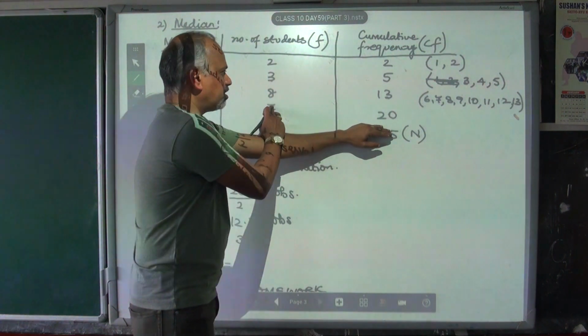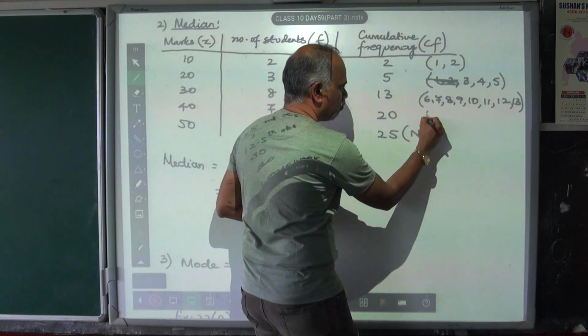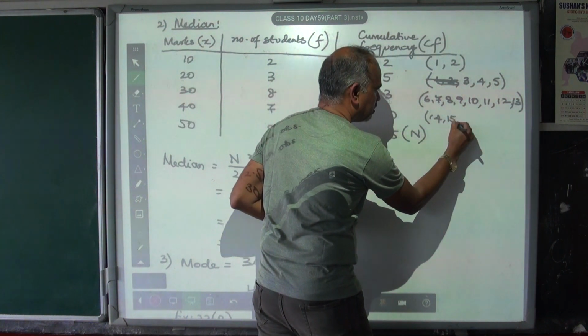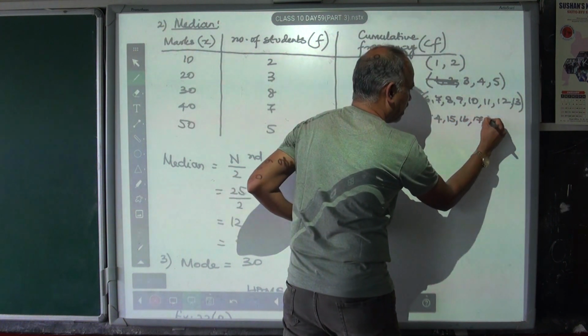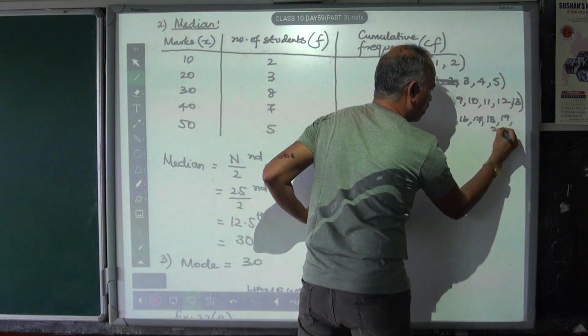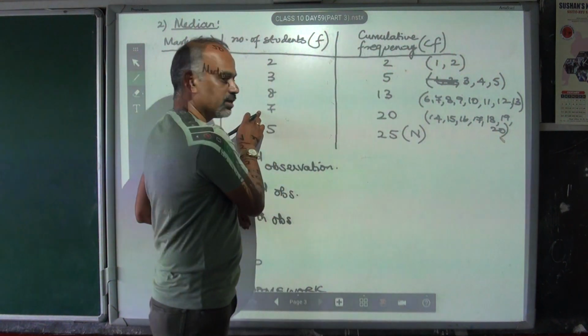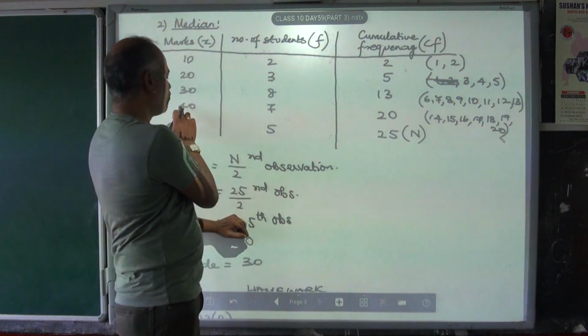Then 7 students after that, 14, 15, 16, 17, 18, 19 and 20, are present here because 7 of them got 40 marks.